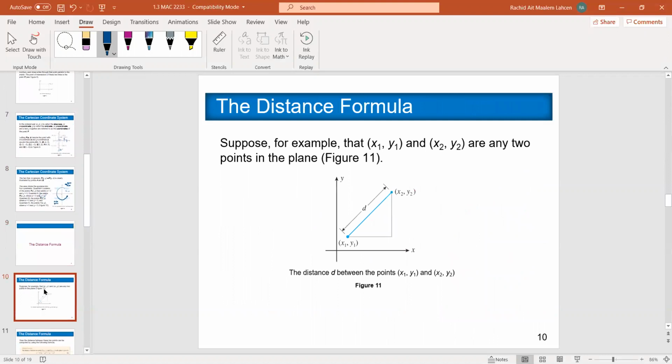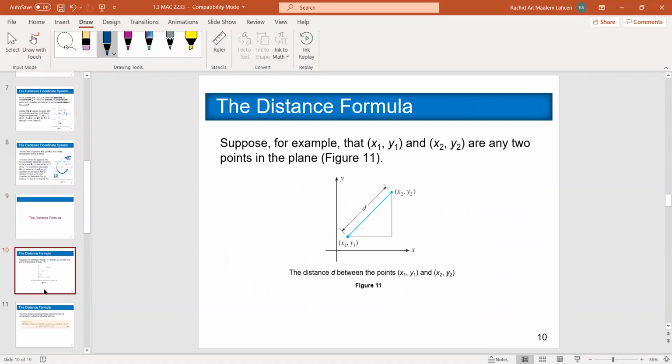The distance formula, since we're dealing with the 2D problem, two-dimensional, x and y, this is one dimension, this is the other. The distance formula comes from the Pythagorean theorem. So this distance, which is the hypotenuse, is going to be this distance squared plus this distance squared.